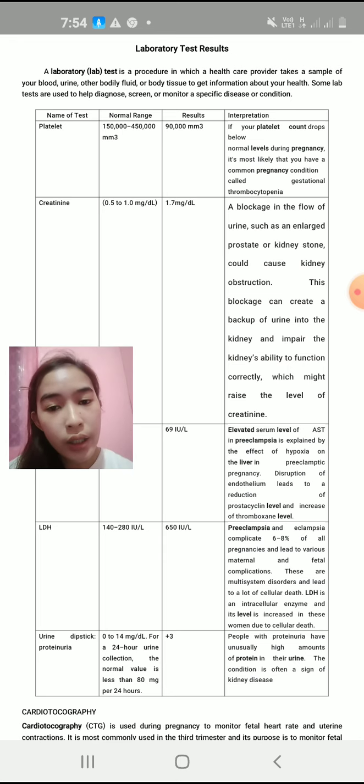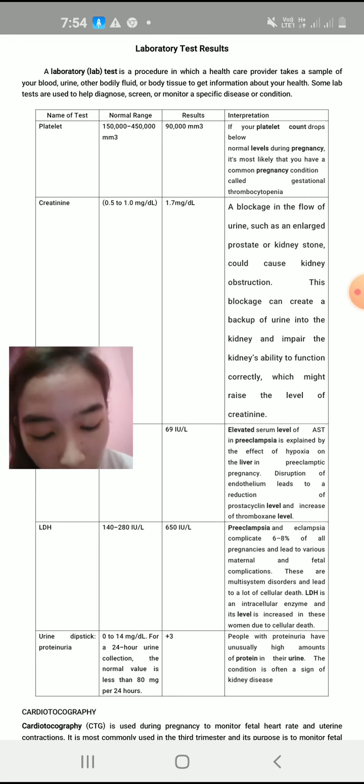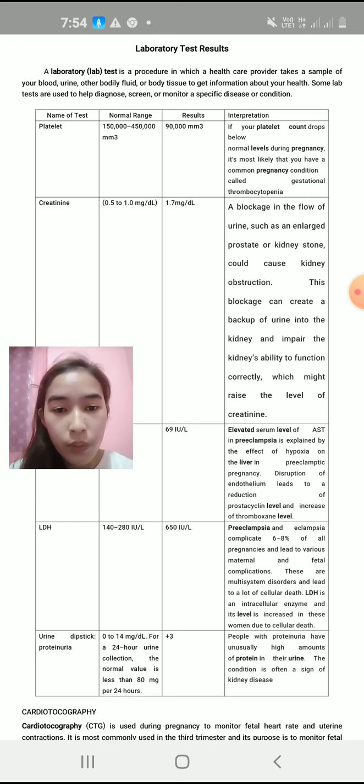Then for the creatinine, ang normal range is 0.5 to 1.0 milligrams per deciliter, and the result for the patient is 1.7 milligrams per deciliter. So, that's ang creatinine.